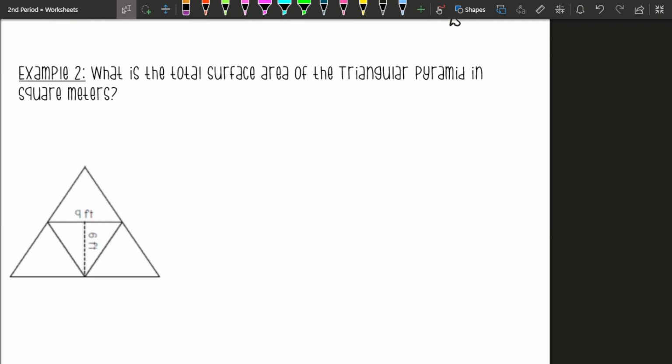This is an isosceles triangle base, and apparently all four are the same in this case. Base times height divided by 2, which is 9 times 6 divided by 2, which is 54 divided by 2, which is 27, right? So this is 27, and all are the same.